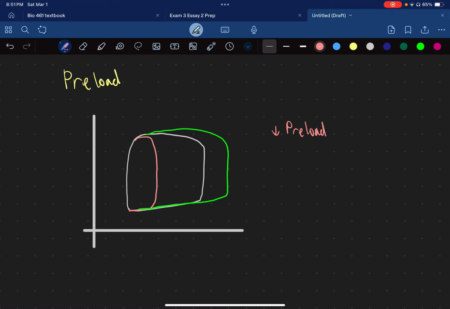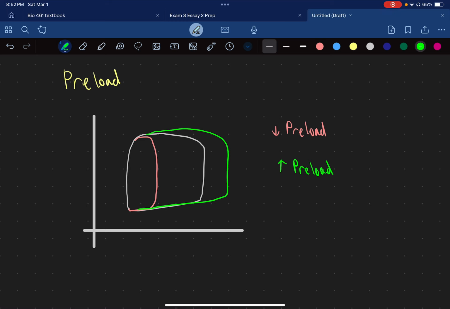So what that's saying is we're going to have less blood for the heart to pump out, and because of that, there's going to be less blood pumped out, obviously. And then in the green is going to increase preload, so there's more venous return, say, and that means we're just going to pump more preload out.